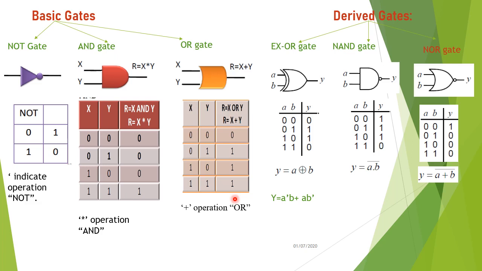We will move towards the derived gates. Let's check first the Boolean expression corresponding to these derived gates, and then we will come to the conclusion why they are said to be derived gates. Let's check the Boolean expression of the XOR gate, which is written as Y is equal to A complemented ANDed with B, ORed with the result of A ANDed with B complement.